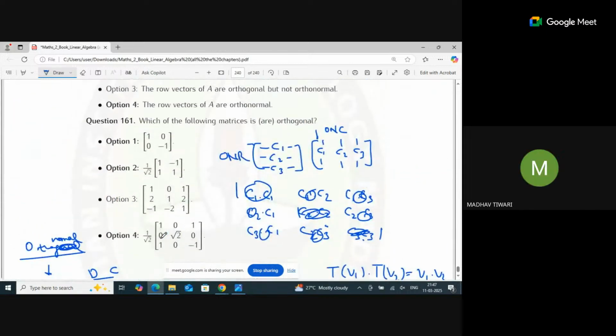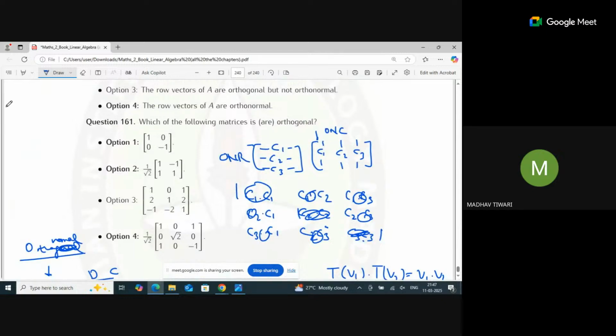Then I found this, and this. So now I got this. What I got is R transpose R is the identity matrix. So I can also say from here that R transpose is nothing but R's inverse as well.